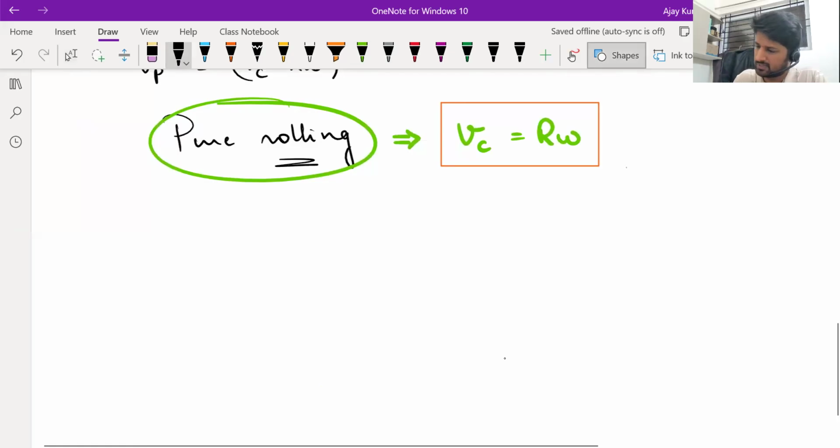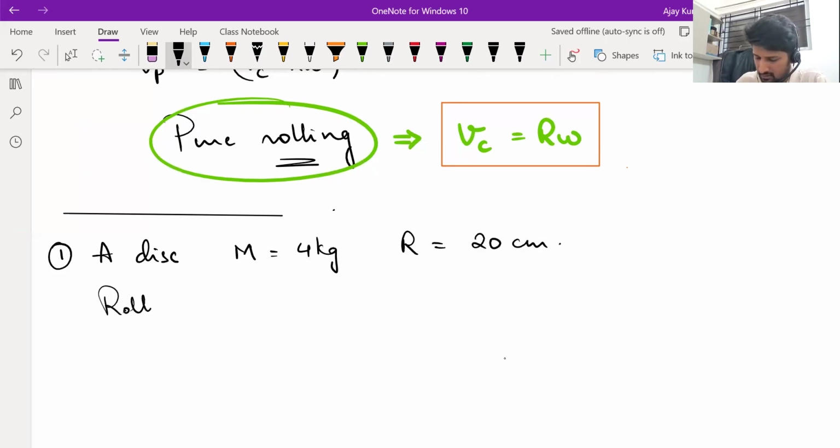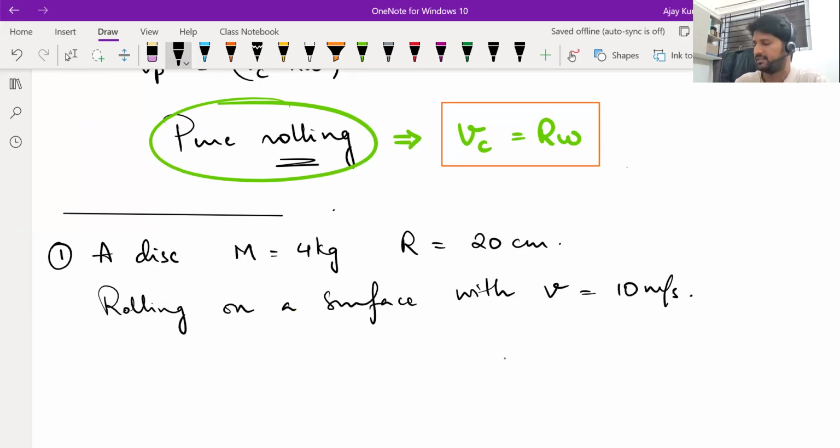We'll solve some problems based on this. First one. Let's say there is a disk of mass 4 kg, radius say 20 centimeters. It is rolling on a surface with a speed of 10 meters per second.